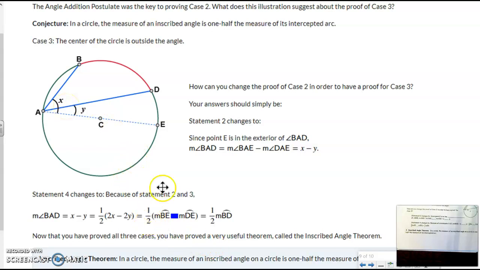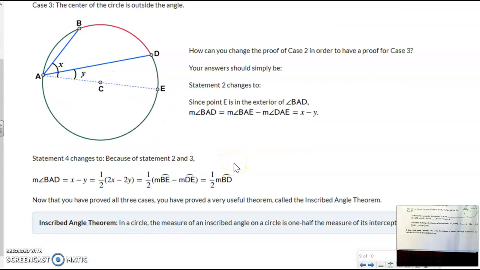That's the same thing as the measure of arc BE minus the measure of arc DE, and taking half of that to get the angle. And the measure of arc BE minus DE gives us the measure of arc BD.